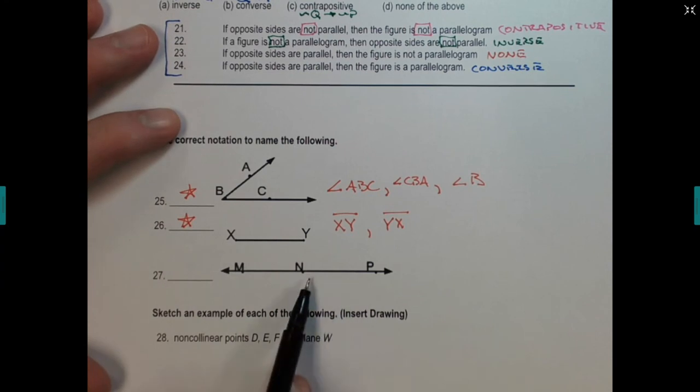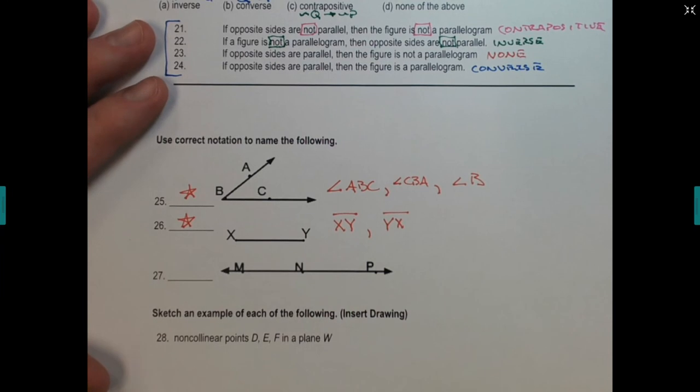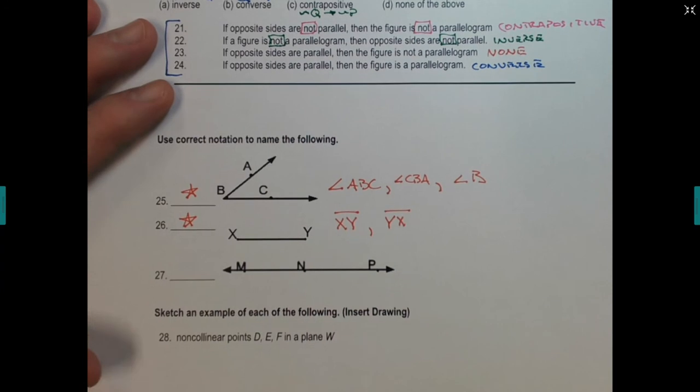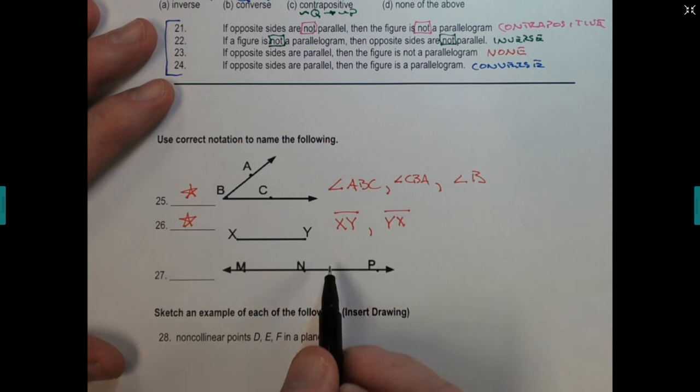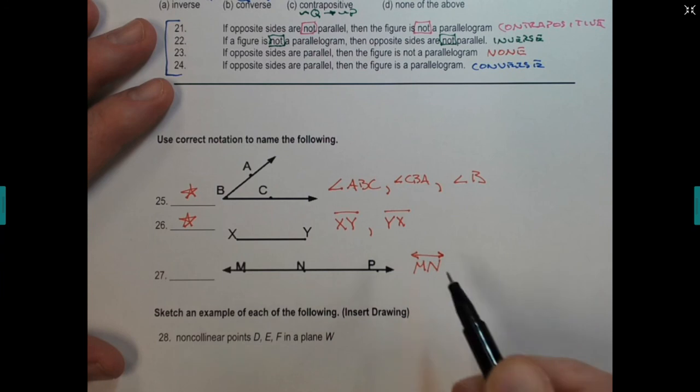Now, how many different names can we give for 27? How about this? Ben, are you there? Yeah. On 27, can I call that line MN? Yes, I actually can.